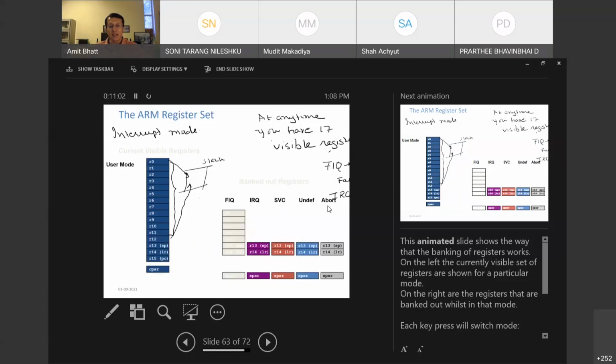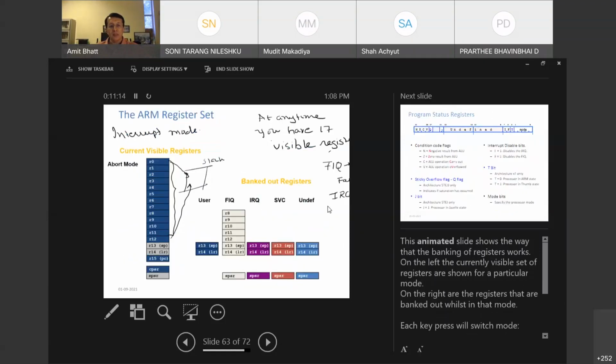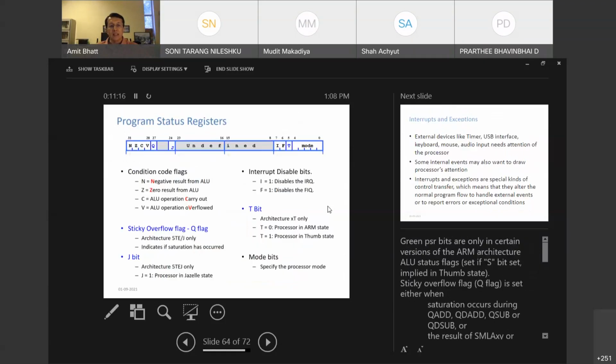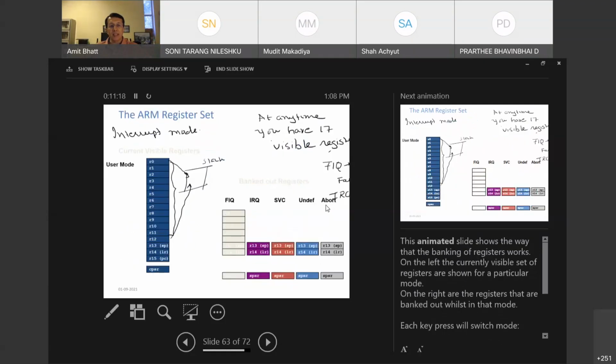If it is an undefined instruction, then in that particular mode, it has only 3 registers of its own. So that is how this would be taken. And abort, this would be taken. But when it comes to FIQ, you will see that saving is to be done only for this.